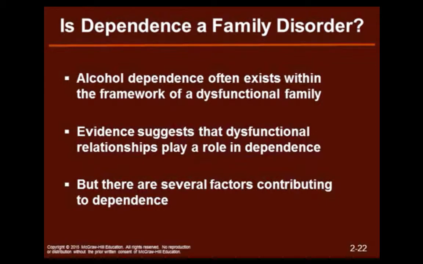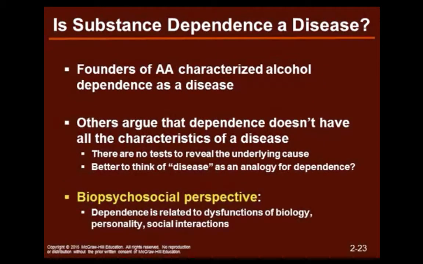But it's hard to separate what's due to genetics and what's due to the family, that nature versus nurture debate. So we have another question that comes up quite a bit when we talk about especially the negative consequences of substance dependence, and that is whether or not dependence on a substance is a disease.